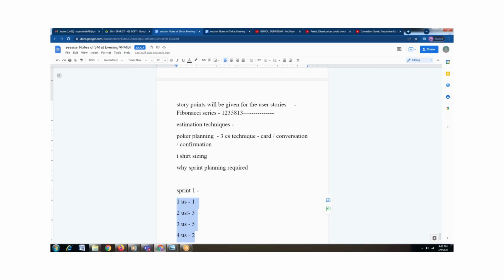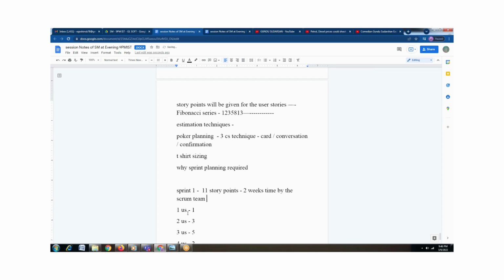How many story points do we have? 2 plus 5, 7, 7 plus 3, 10, 10 plus 1, 11. In the first sprint, you have to complete 11 story points in 2 weeks by the Scrum team.